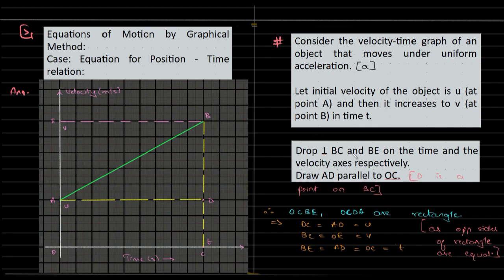Drop perpendiculars BC and BE onto the time and velocity axes, and drop AD parallel to OC, where D is a point on BC. Then we'll tell OCBE and OCDA are rectangles. As the opposite sides of a rectangle are equal, we can tell all of these respective sides are equal, and they have the values of u, v and t.